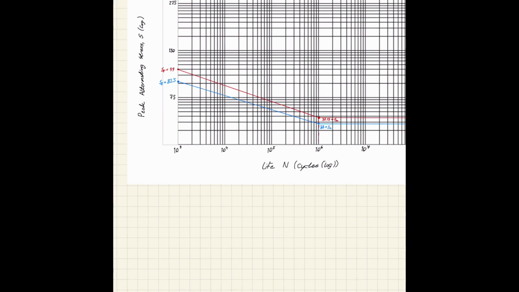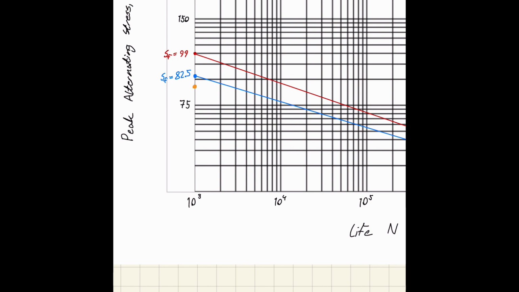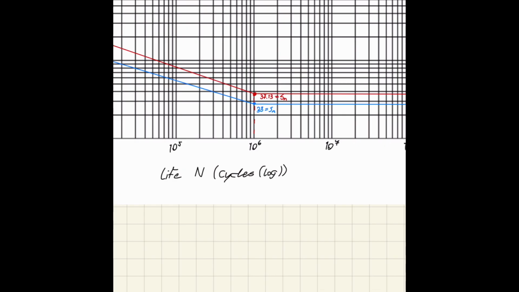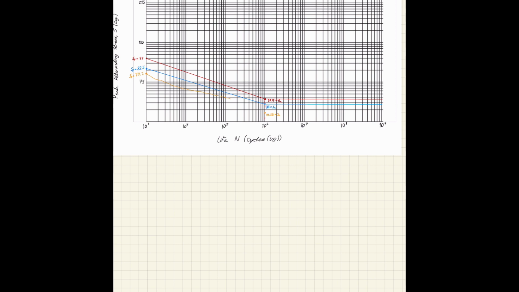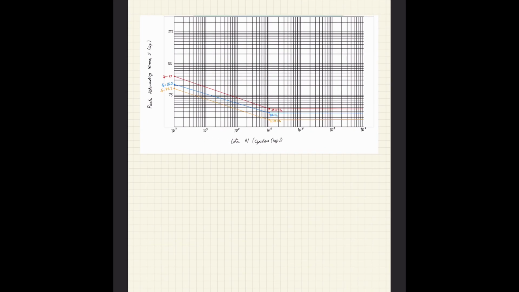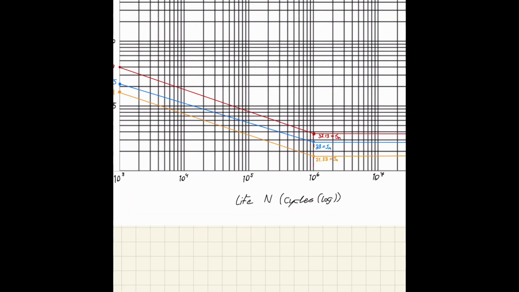Now let's go over to our graph, plot that, SF at 79.2, and our SN at 21.53. Join those points together, and we have our torsional SN line. Once again, this is bending, this is our axial loading, and this is our torsional loading.